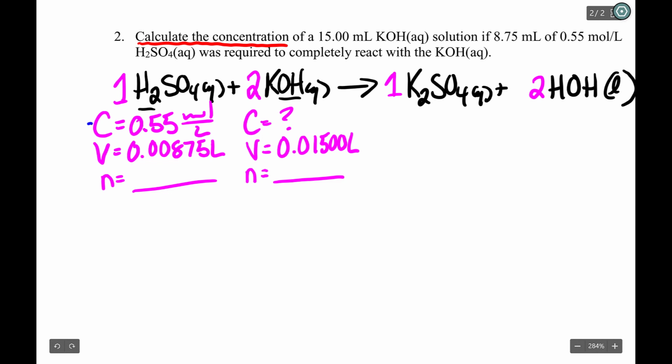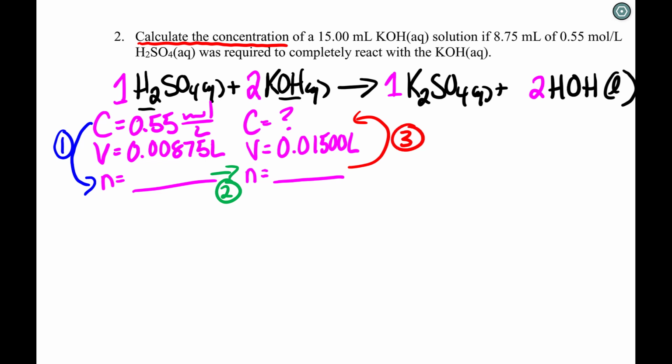So my first step will be to get the moles of H2SO4. My second step will be to convert that into moles of KOH. And in the third step, I'm going to turn that into a concentration. So again, I always want to start with my number that has a single unit in it, like liters or grams. In this case, it would be liters. So I'd be 0.00875 liters.